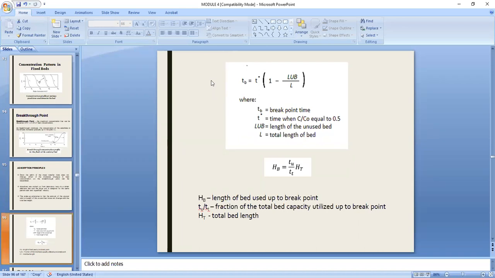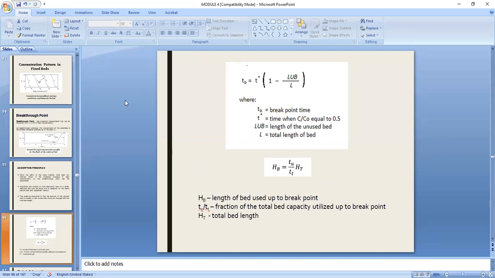This is the time wherein you have already 1 to 5% of solids present in your adsorbate. Meaning only a very small amount of the component remains in the adsorbate, because it has been adsorbed on the adsorbent.